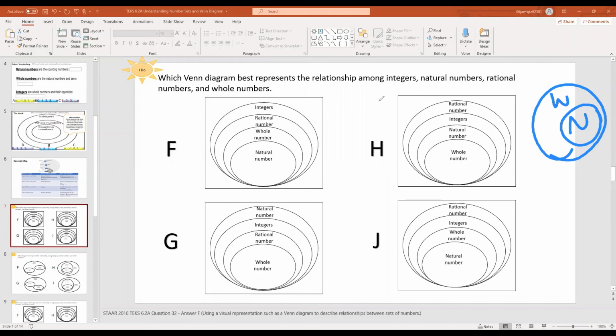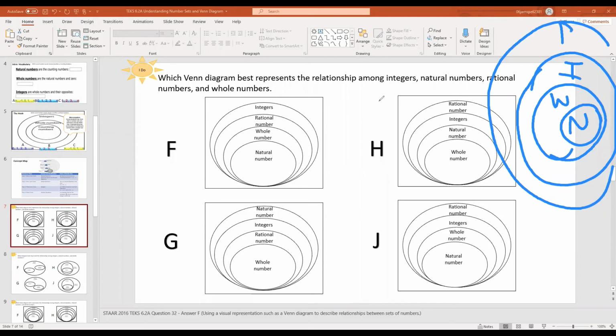That's going to represent my whole numbers. Another circle, integers, and my last circle will be rational. Now, based off of what I just learned, this is how I should set it up. It should be natural numbers, whole numbers, integers, and rational numbers.